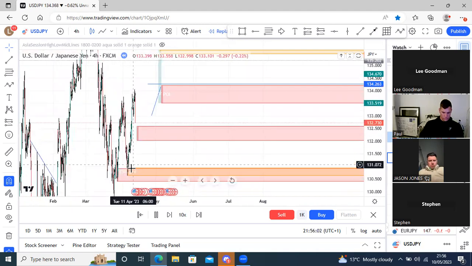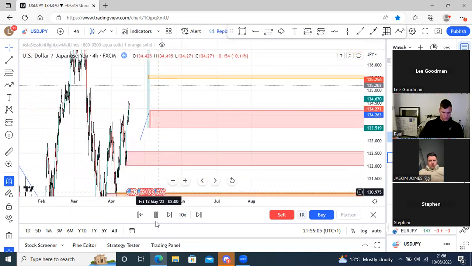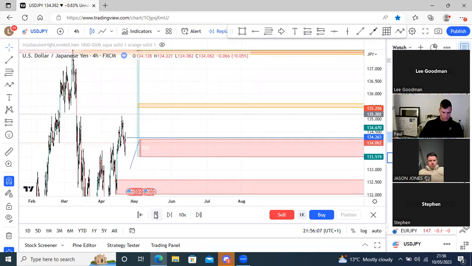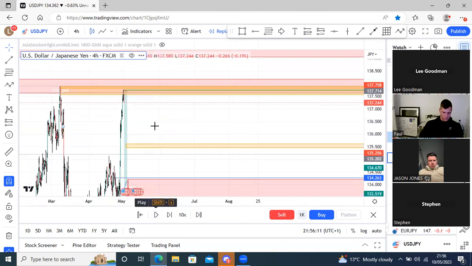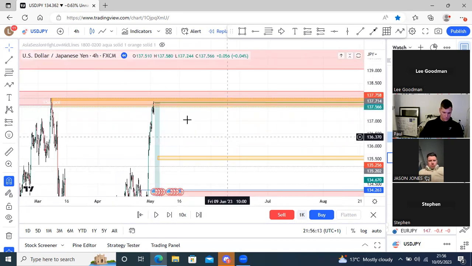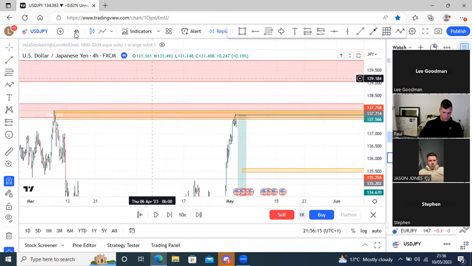Even setting up a trade down here as well. Again, once it's set your orange box, just waiting for it to come back, break for 1 minute, drop to 1 minute here.